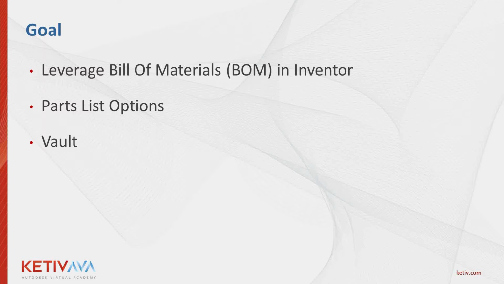So in the drawing, we're going to go over some of the parts list options you have, how the bill of materials affects it, and how you can go back and forth. And then at the very end, I'll briefly explain for those of you that own Vault, Vault Pro especially, how that affects Vault Professional BOMs. There'll be a completely separate session on that specifically, but I just wanted to touch a little bit on that and let you know how it's going to affect you as well.